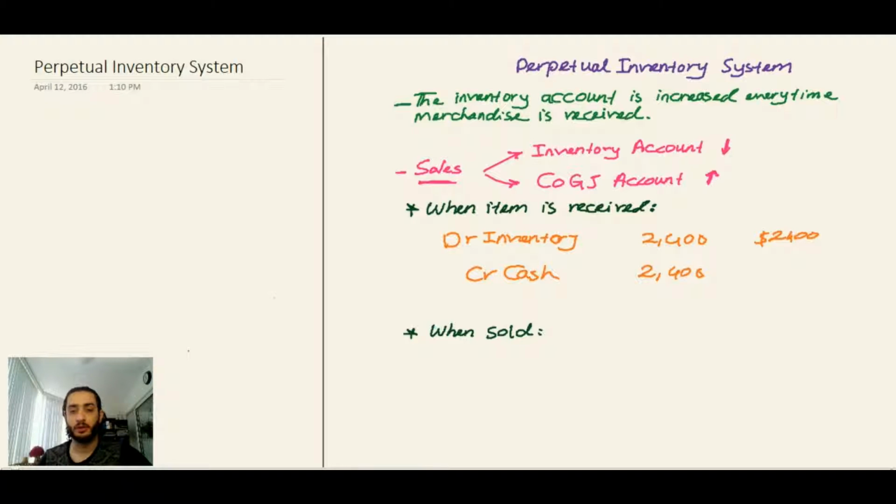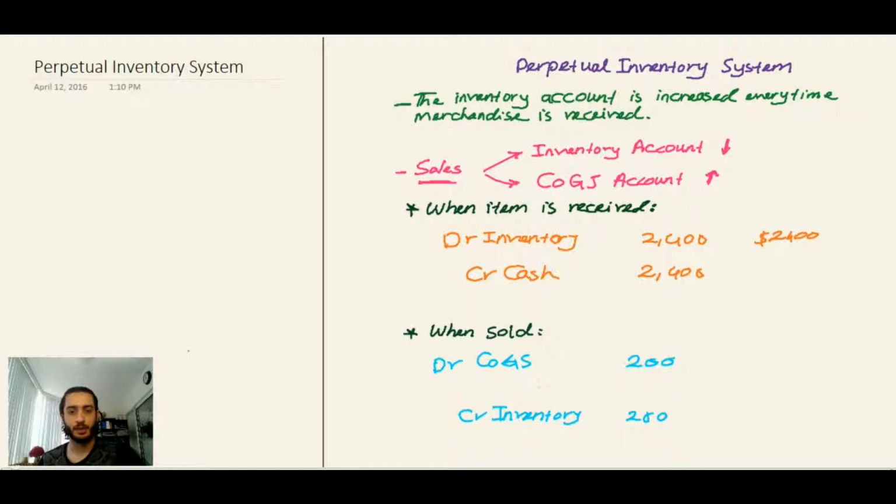Cost of goods sold will be in the income statement. So let's see what will happen. First we have to debit cost of goods sold. Let's say the sale was $200 of inventory, and we have to credit inventory by 200.